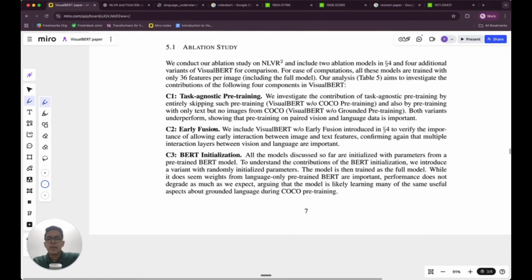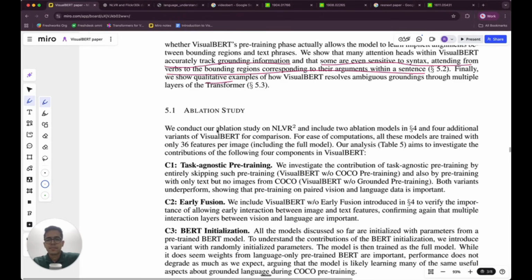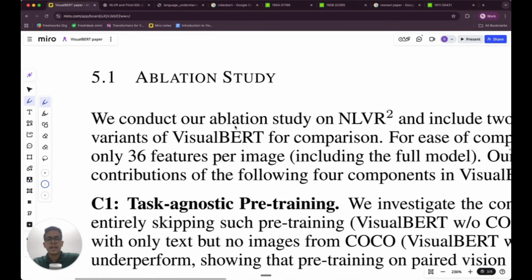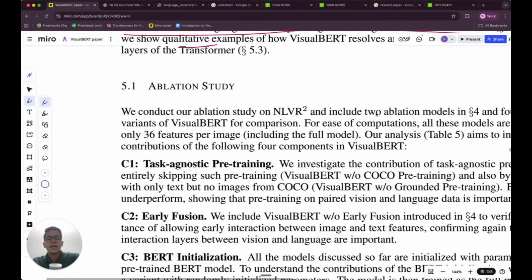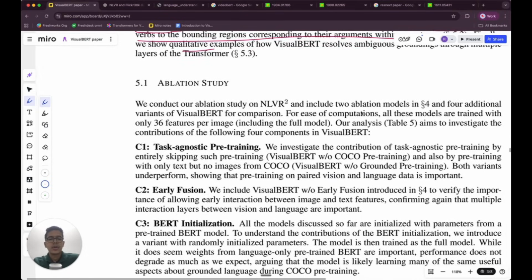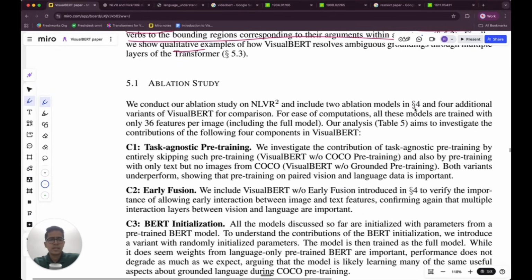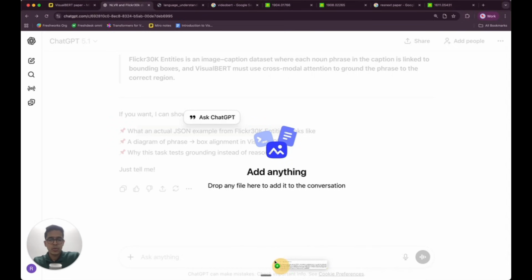Okay, now we come to the ablation study. We conduct our ablation study on the NLVR2 dataset and include 2 ablation models in our, I think this is called section 4, right? And 4 additional, or what is this? Section 4, or what is this symbol? I'm not 100% sure, so I'm going to ask ChatGPT.